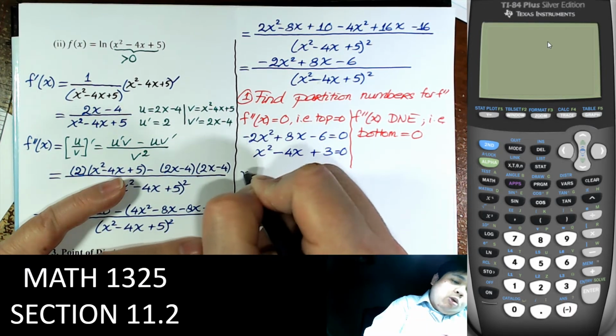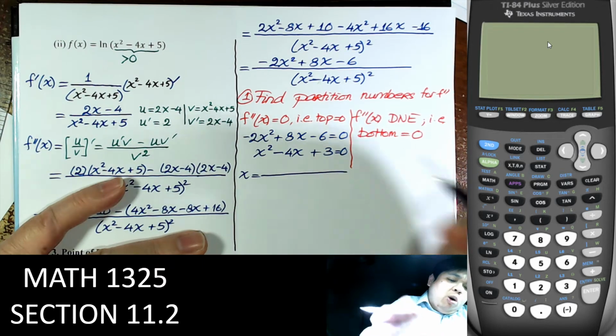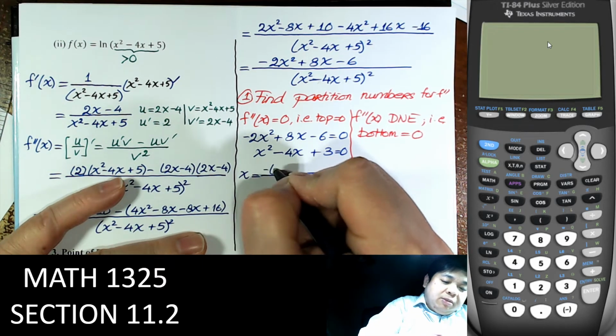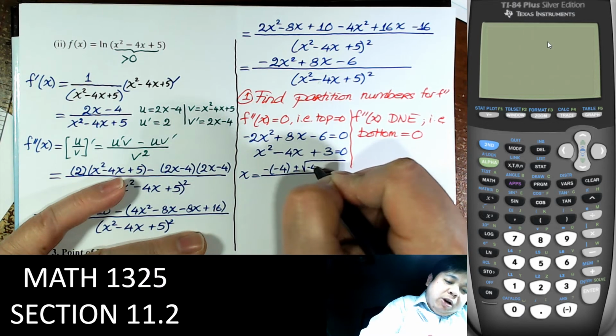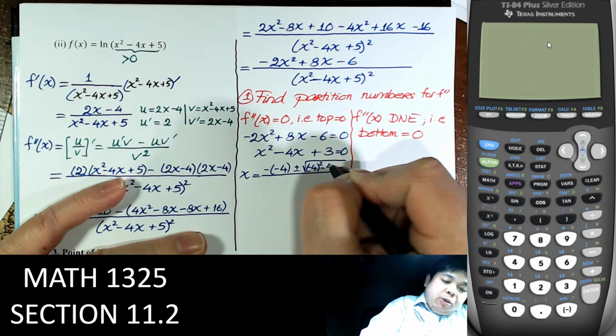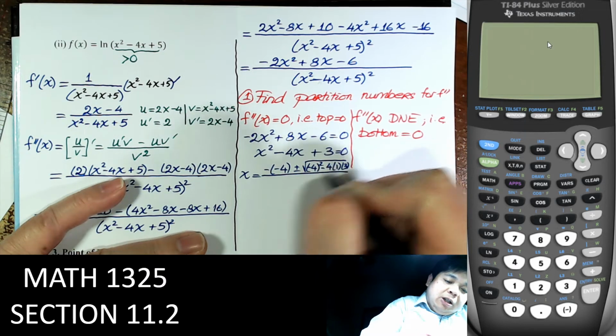Here we can use the quadratic formula or factoring, it doesn't matter. Negative b plus or minus the square root of b squared minus 4ac, over 2a.